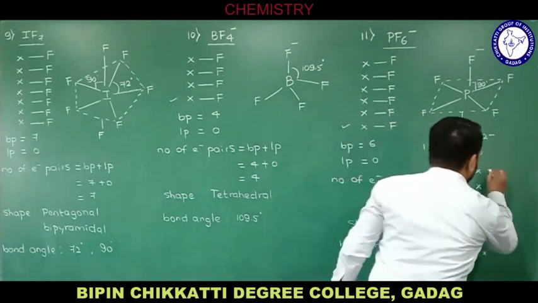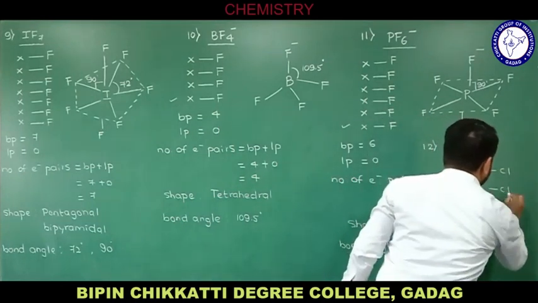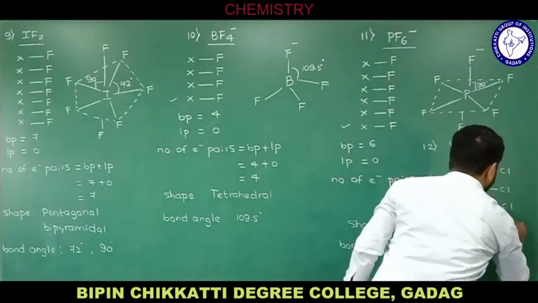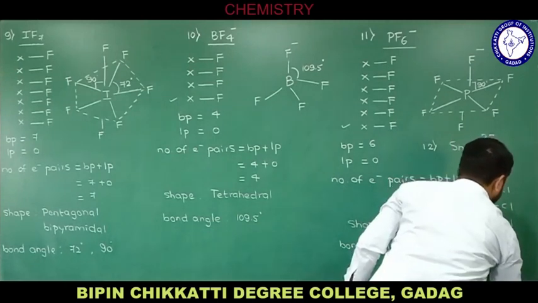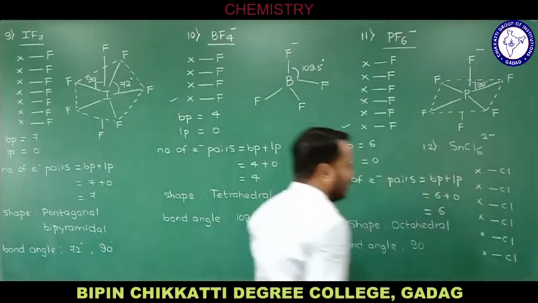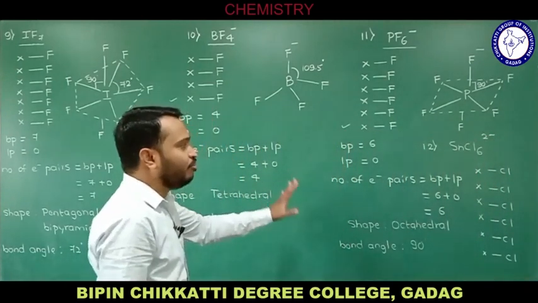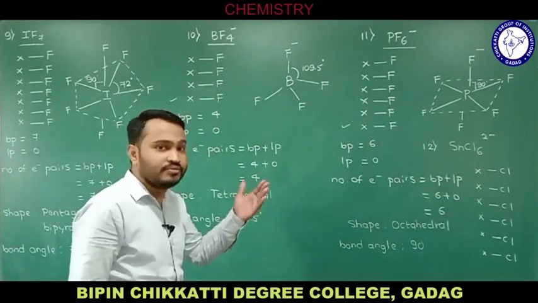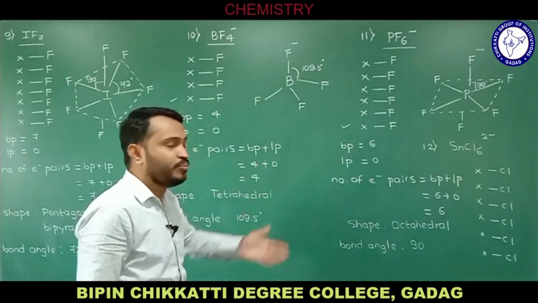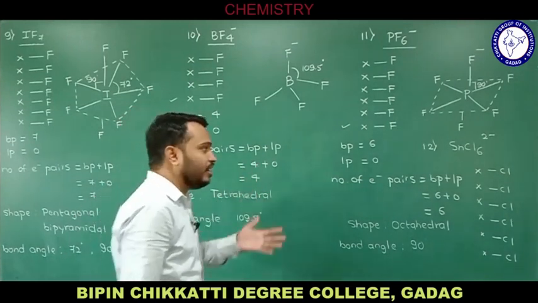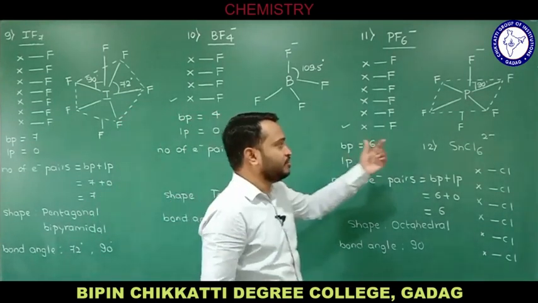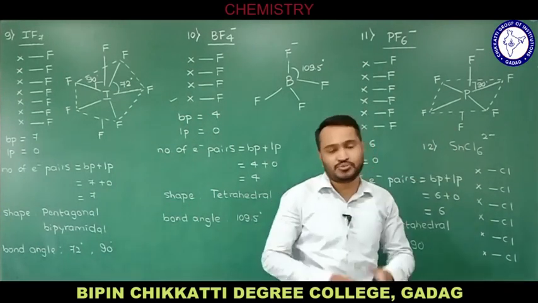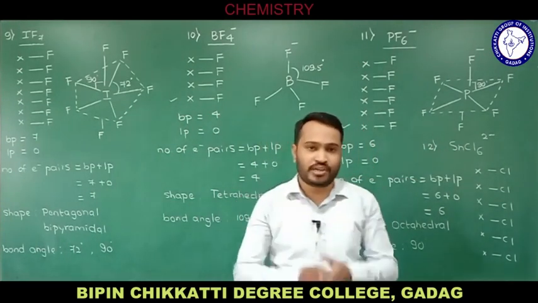So here this is for the 1, 2, 3, 4, 5 and 6 we have. And now you remember how many bond pairs we have? 6 we have. How many lone pairs of electrons do we have? 0. And now you guess what would be the shape and what would be the bond angle, and how you can show the shape of SnCl6 2 minus, and that you have to try.